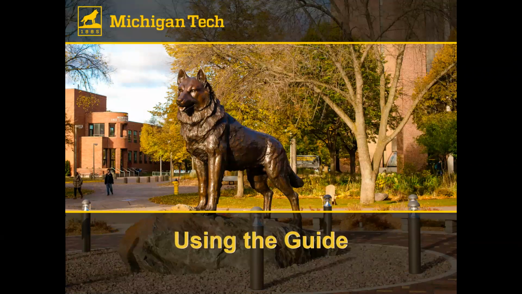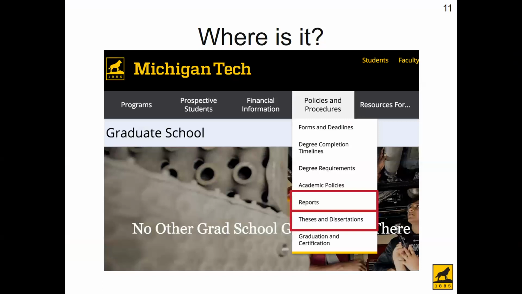So the guide is the governing document for your dissertation, thesis, or report. This contains all of the rules about how to format your document. And so if you haven't looked at it yet, we're going to look at it today, and hopefully you'll download it later for yourself and keep a copy of it somewhere handy. So where is it? Well, you're going to want to go to the area for theses or reports.